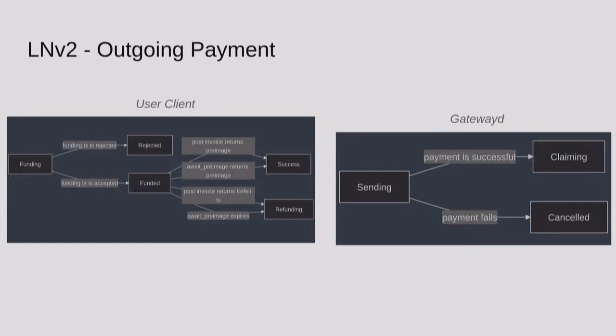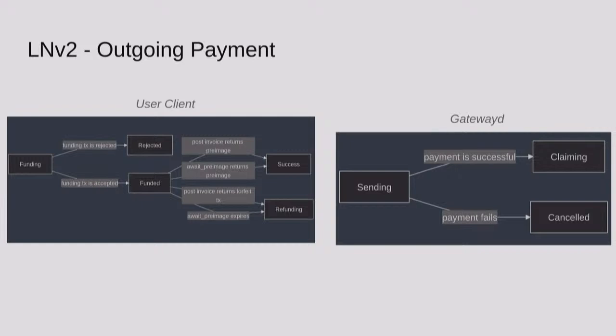Otherwise, there are two options for how to refund. The most likely is that the gateway could not make the payment. It forfeits through the HTTP call, and the client cancels the outgoing contract.